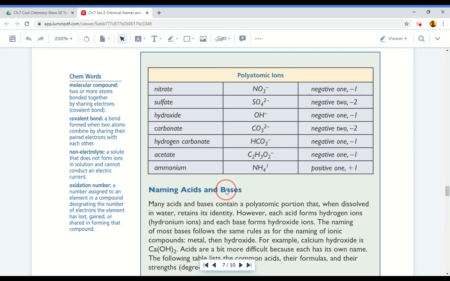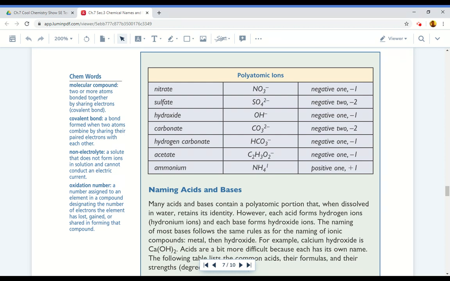Naming acids and bases. Many acids and bases contain a polyatomic portion that, when dissolved in water, retains its identity. However, each acid forms hydrogen ions and each base forms hydroxide ions. The naming of most bases follows the same rules as for the naming of ionic compounds: metal, then hydroxide.